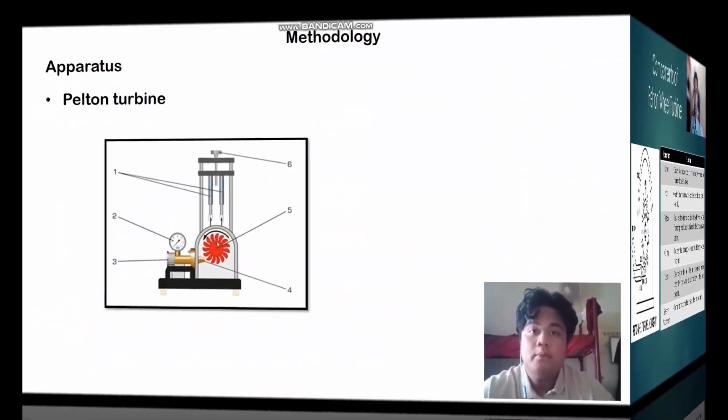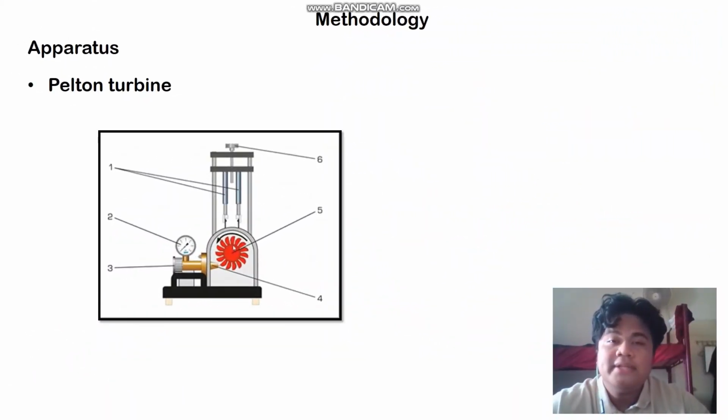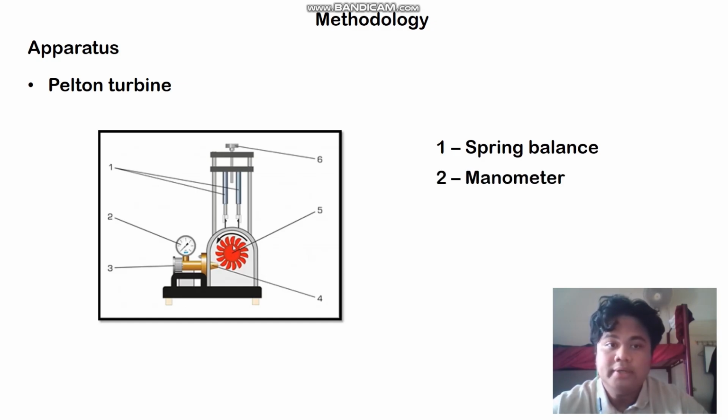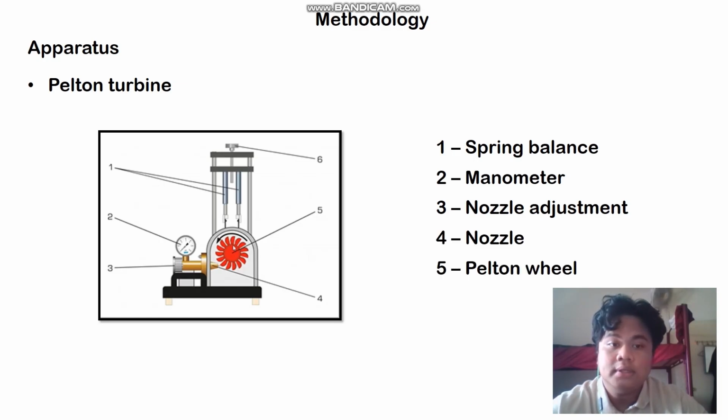Thank you. My name is Muhammad Dino Bizrifli and I will be presenting the methodology for this experiment. The first is the apparatus. There are 3 apparatus that we use in our experiment. The first is the Pelton turbine, which consists of the spring balance, manometer, nozzle adjustment, nozzle, Pelton wheel, and brake adjustment.